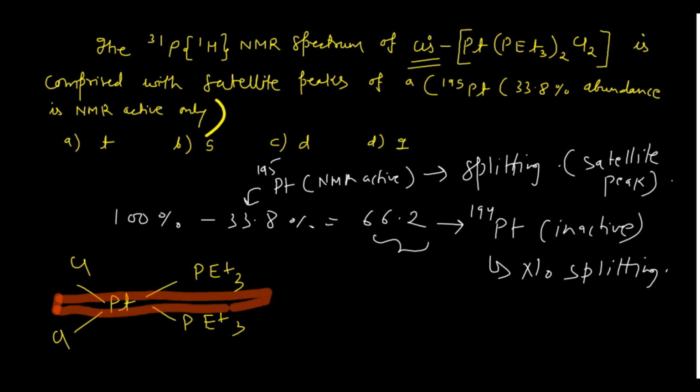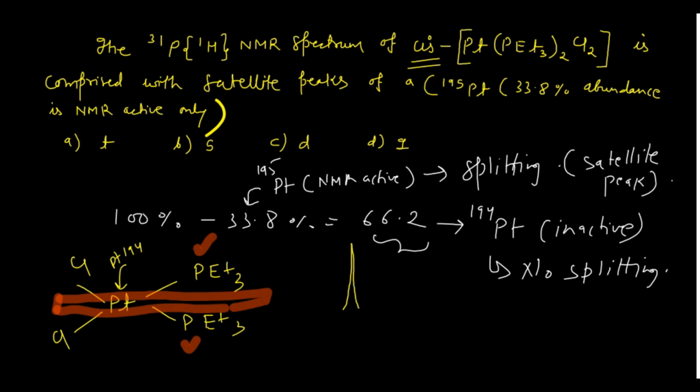This plane of symmetry renders this phosphorus and this phosphorus equivalent, right? And if this is inactive, say you are taking platinum 194, it is inactive, so you will get only one signal like that.